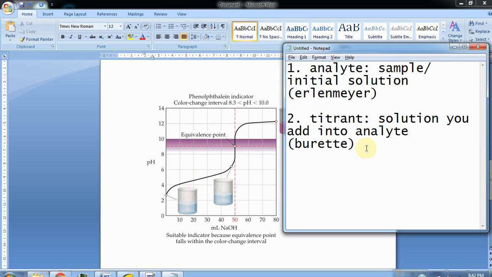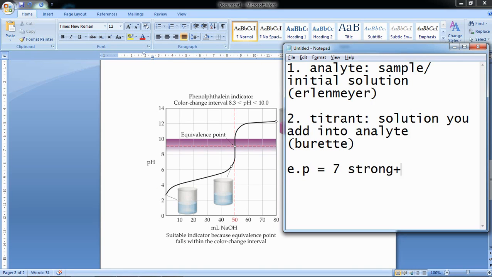So basically, if the equivalence point, or EP, is 7, it means both are strong, strong with strong. If it's below 7, then it involves a strong acid and a weak base.